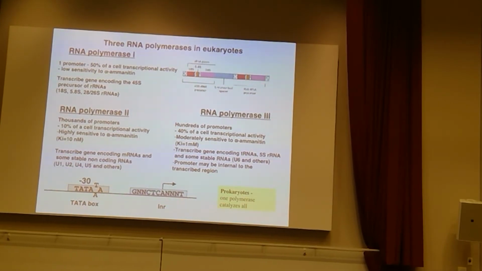Here's a little bit more information on those 3 different polymerases, polymerase 1, 2, and 3. Again, these respond to different types of promoters. And you can see here, again, the TATA box type promoter that's usually used to engage RNA polymerase 2.